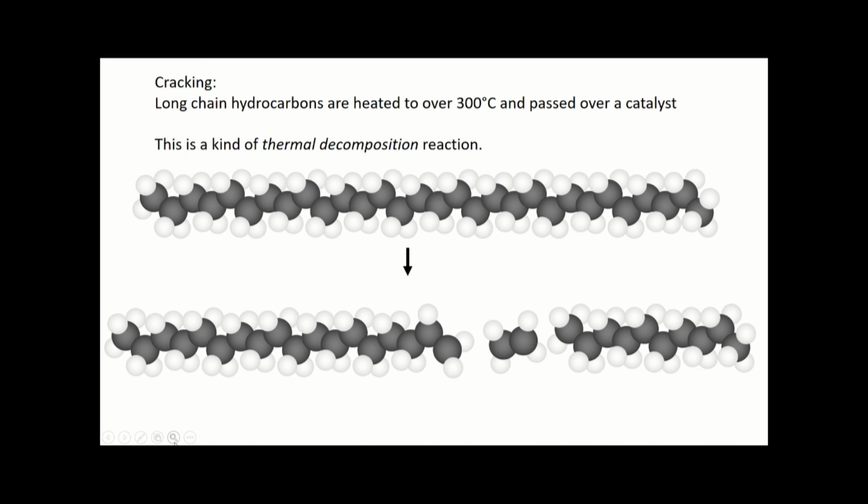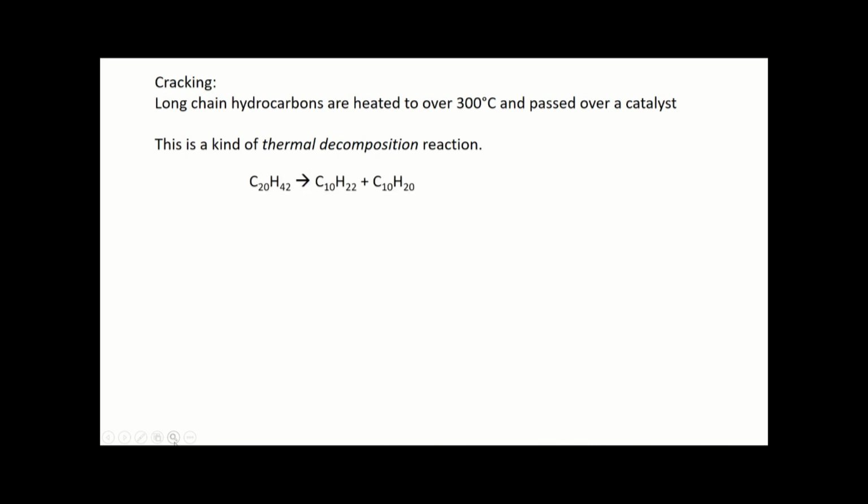So let's have a look in a bit more detail. Here are some equations for what you might get if you put C20H42 in. You can see that there are various different chemicals we can get out. We've got decane there, C10H22, and we've got decene, C10H20. Okay, and we could get dodecane, C12H26, and we could get octene, C8H16.